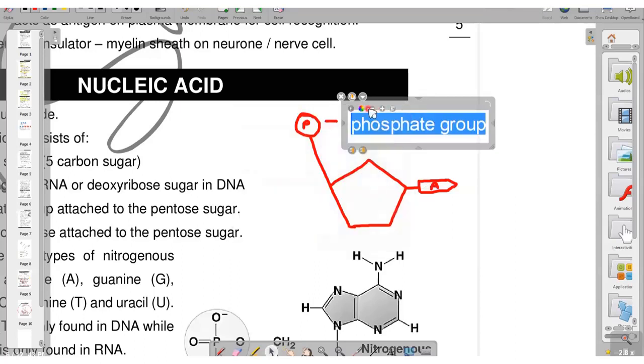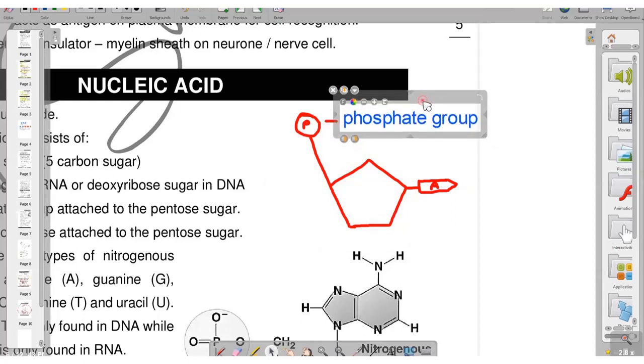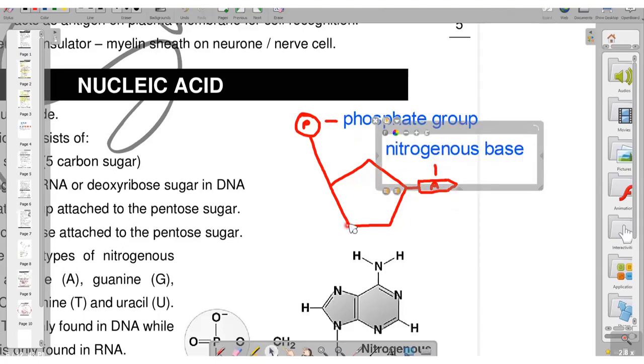Maybe a bit smaller also. Okay, too small. So this is the phosphate group. Also label the last one here as the pentose sugar. So label this as the pentose sugar.